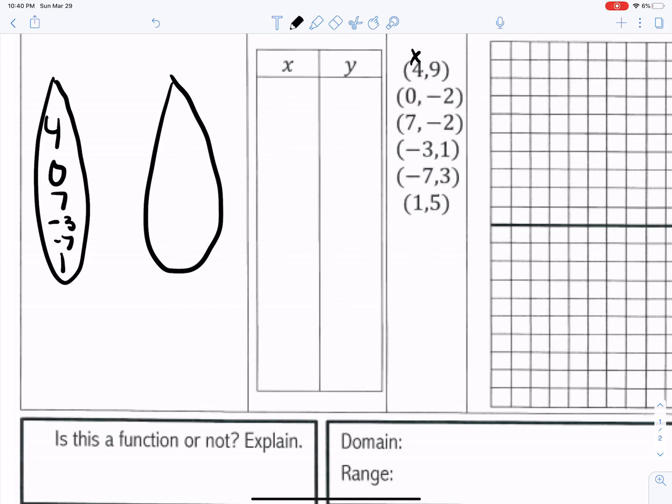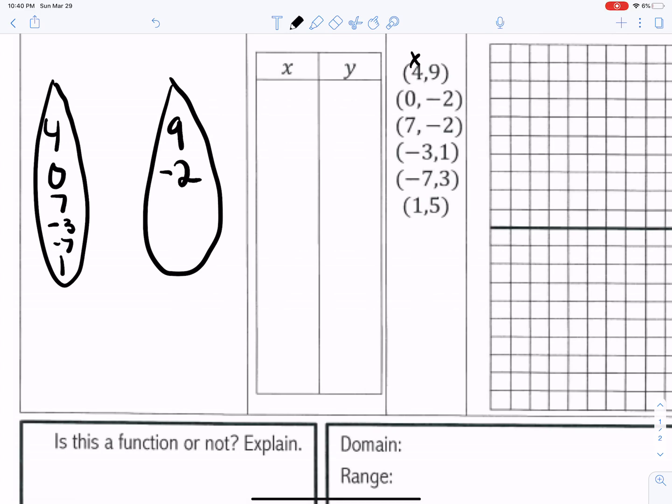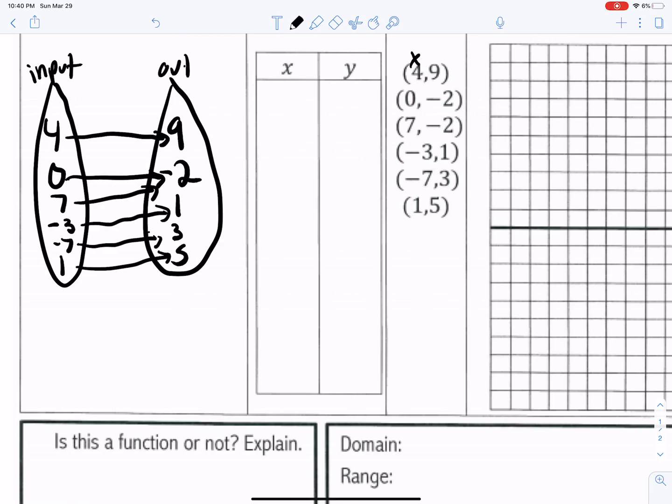And our y's that go with it are 9, -2. You don't have to write that -2 twice. 1, 3, 5. So here we go. 4 to 9. 0 to -2, 7 to -2, -3 to 1, -7 to 3, 1 to 5. There's our mapping diagram, inputs, outputs.